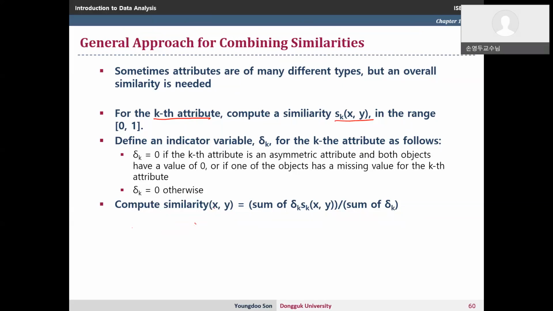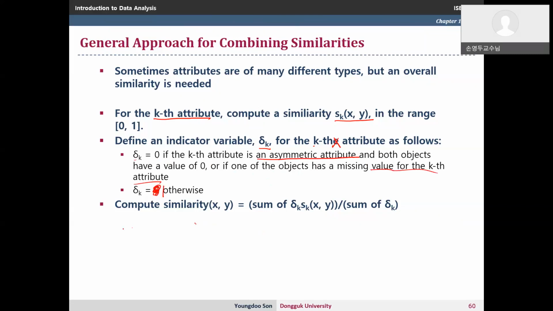And there is an indicator variable delta_k for the k-th attribute. Delta_k is 0 when it has the 0-0 value in an asymmetric attribute, or if one of the values is missing in the k-th attribute. Otherwise, delta_k equals 1.